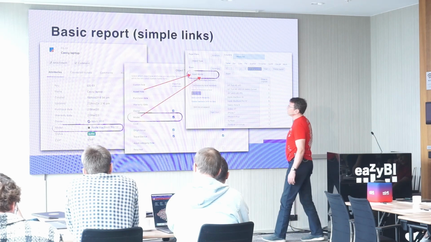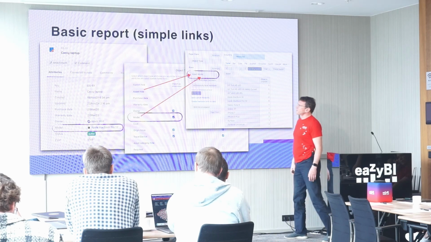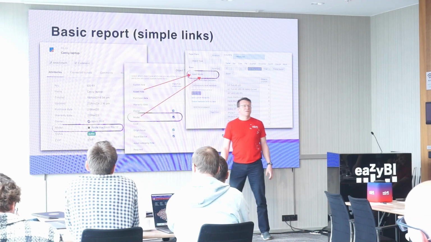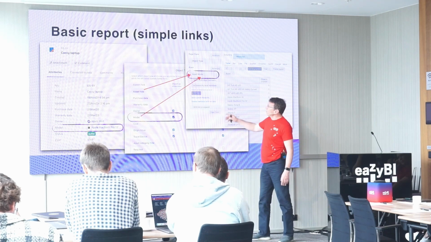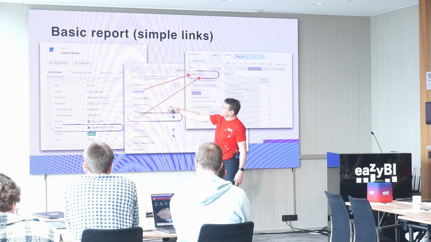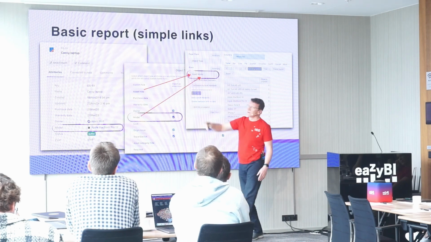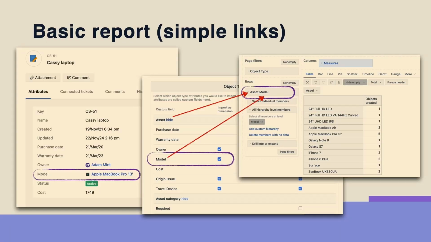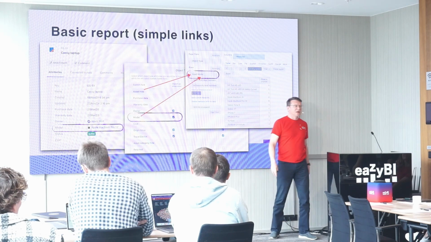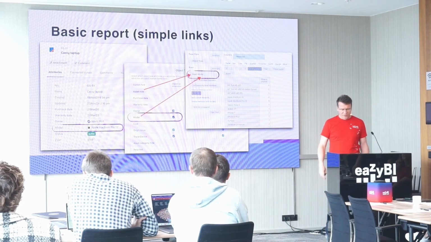One more thing to mention here is that those linked dimensions are created with a specific naming convention. Here asset is the object, and the model is the attribute name, and the last part of the dimension is the object type, which you would expect to see in this list when you use the linked dimension in your report.